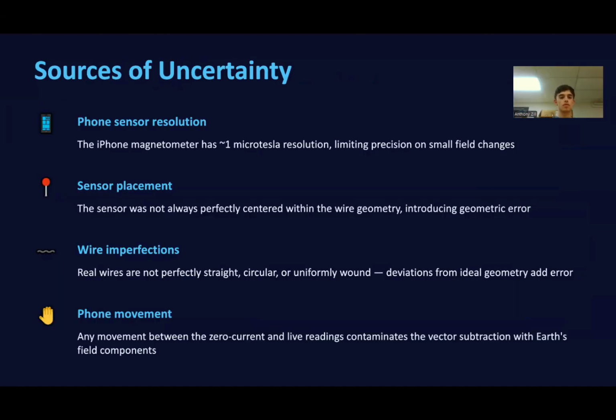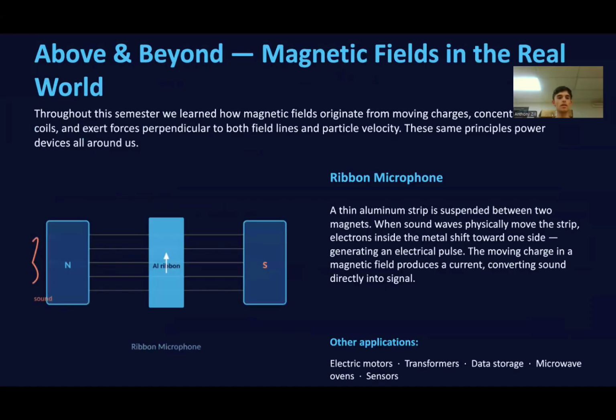Some sources of uncertainty, and now some extra information about magnetic fields. It's not just used to find the permeability of free space; it's used all over. One example is the ribbon microphone, which has 2 magnets inside of it with a thin aluminum strip suspended between them.